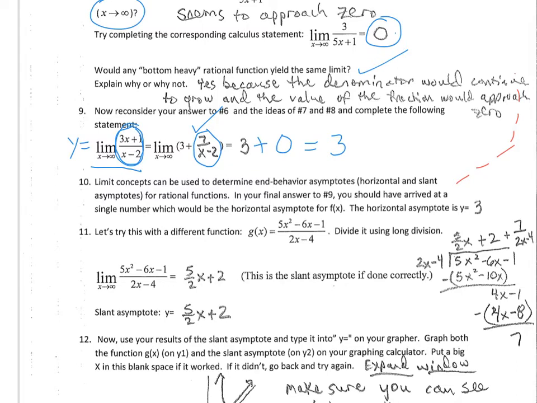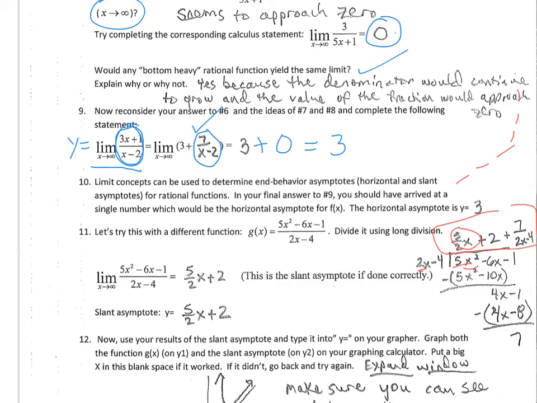So on number 11, you can see that I'm thinking 2x times what gives me 5x squared. Well, I actually have to think 2x times 5 halves x gives me 5x squared. I multiply and I subtract, my normal long division. I end up with this as my answer.